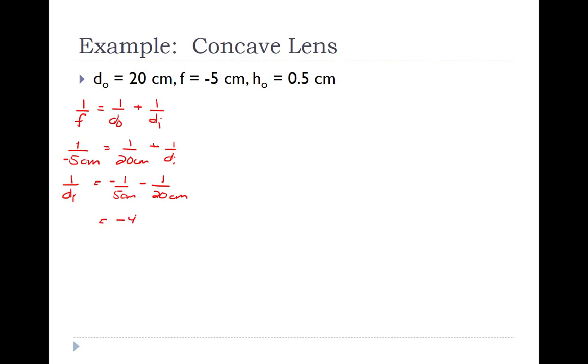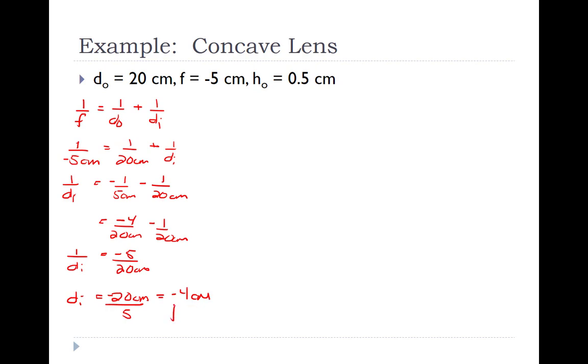So that's negative 4 over 20 centimeters minus 1 over 20 centimeters, or negative 5 over 20 centimeters, and that equals 1 over di, which means di is the reverse of that, or 20 centimeters divided by 5 with a negative sign out in front, which is negative 4 centimeters.